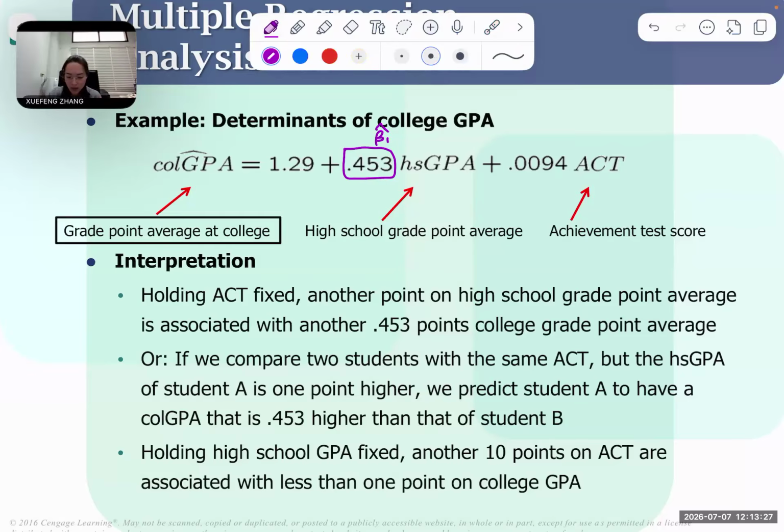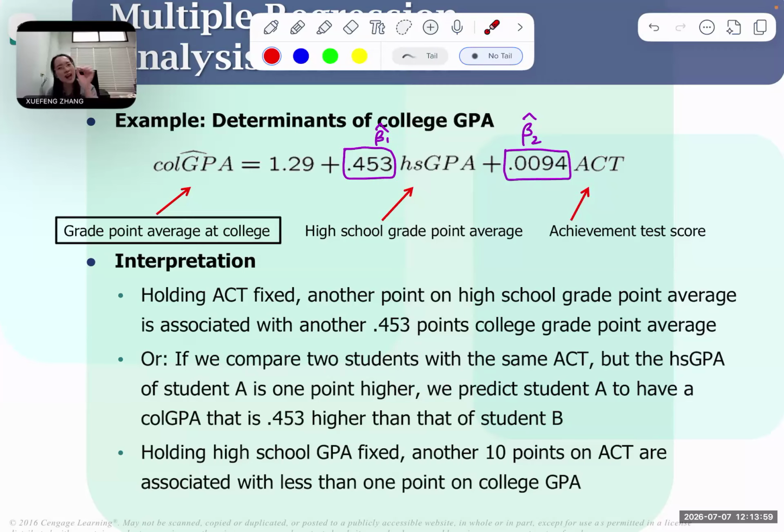Now, look at beta 2 hat, which is 0.0094 on ACT. This means that holding high school GPA fixed, one more ACT point only adds 0.0094 to college GPA.